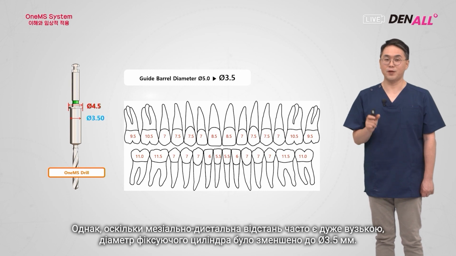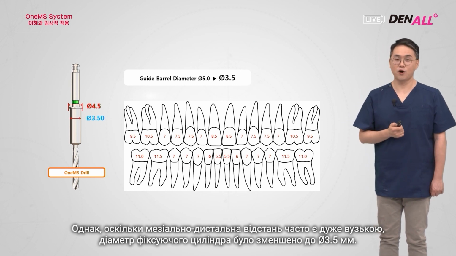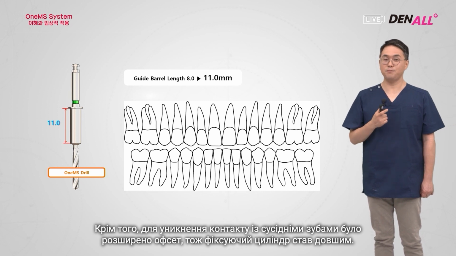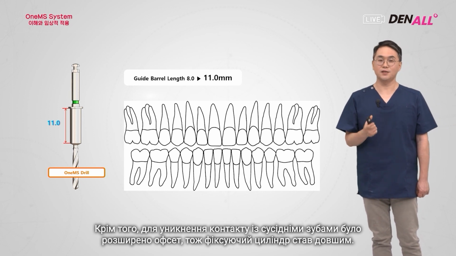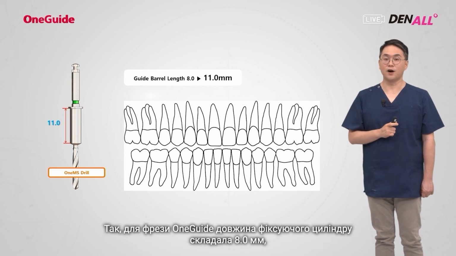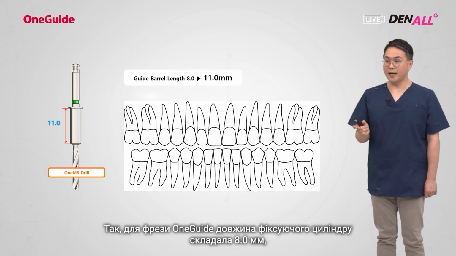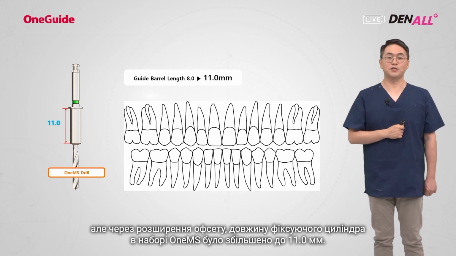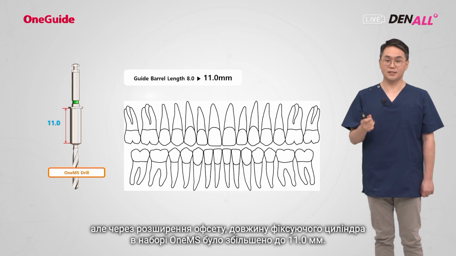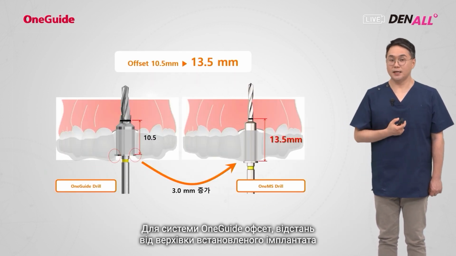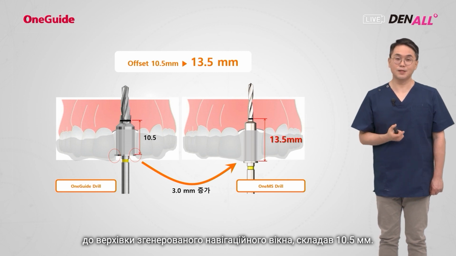This is because the mesiodistal distance is often very narrow. And to avoid interference from the adjacent teeth, the offset was extended. So the guide barrel has become longer. In the One Guide drill, the guide barrel length was 8.0, but it's now extended to 11 millimeters because the offset is longer. In the One Guide system, the offset was 10.5.